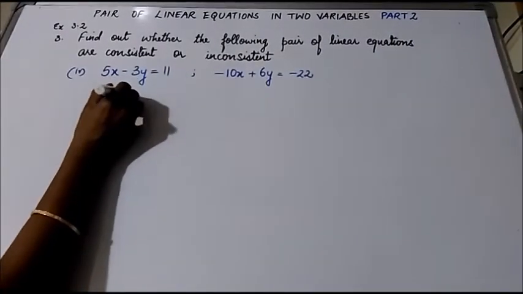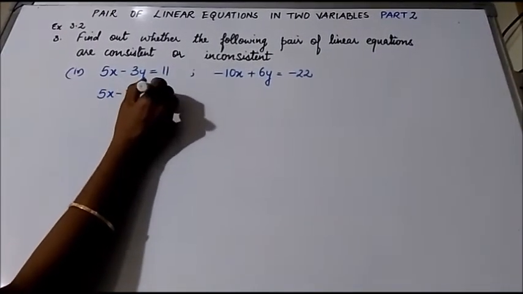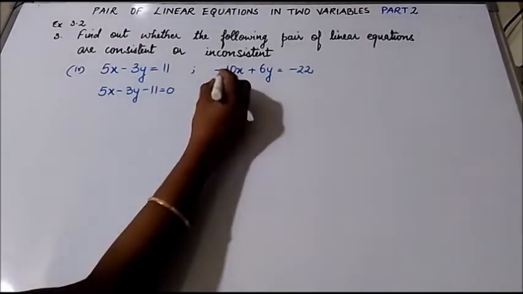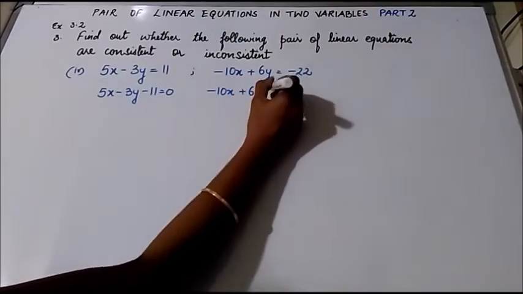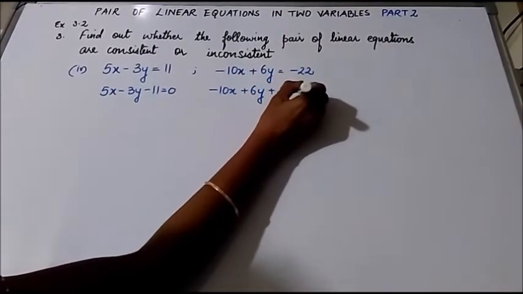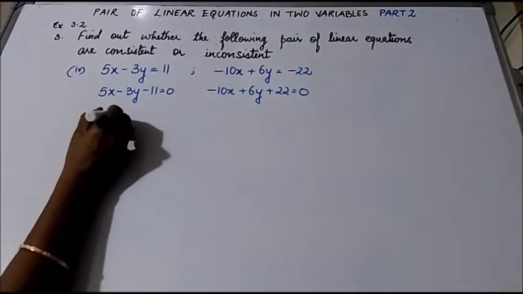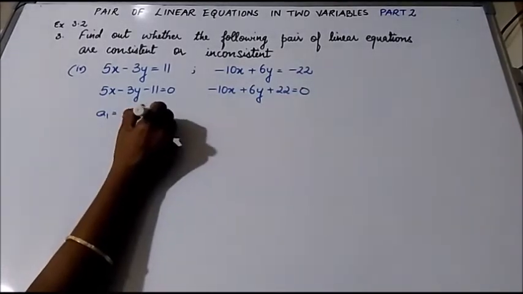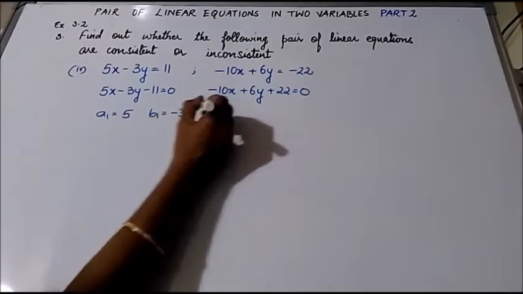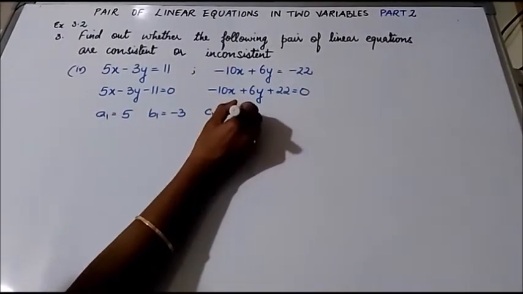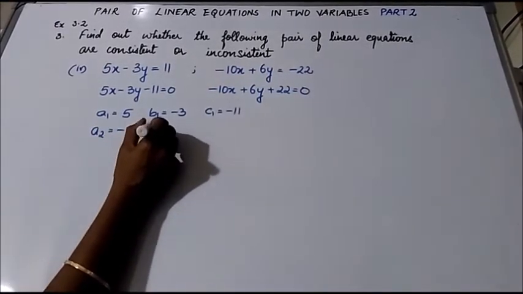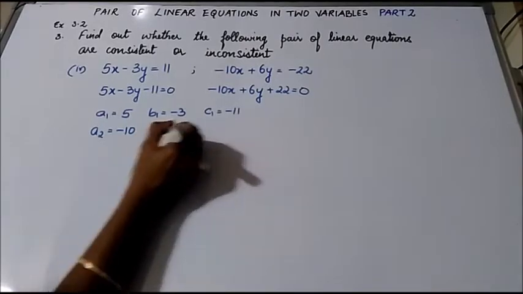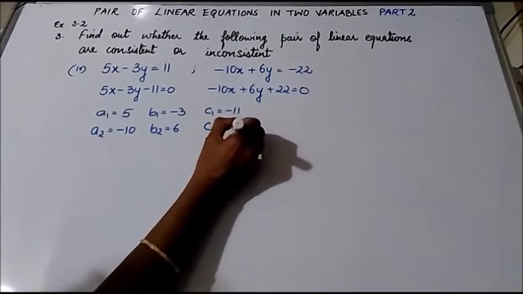You will get here 5x minus 3y minus 11 equal to 0, and here you will get minus 10x plus 6y plus 22 equal to 0. a1 is equal to 5, b1 is equal to minus 3, c1 is equal to minus 11. a2 is equal to minus 10, b2 is equal to 6 and c2 is equal to 22.